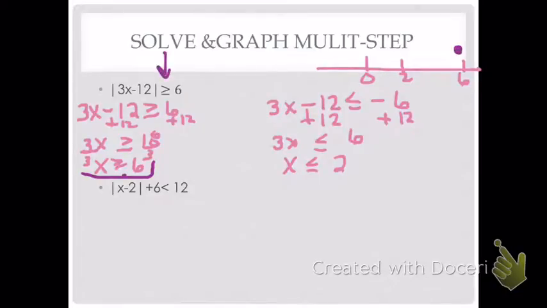Also, you can tell right here it says the absolute value of 3x minus 12 is greater, so hopefully you can predict how these arrows are going to go. Then 6: I would pick a number that would go in here for x that would be larger than 6, so 7, 8, 9. We're going to go that way.